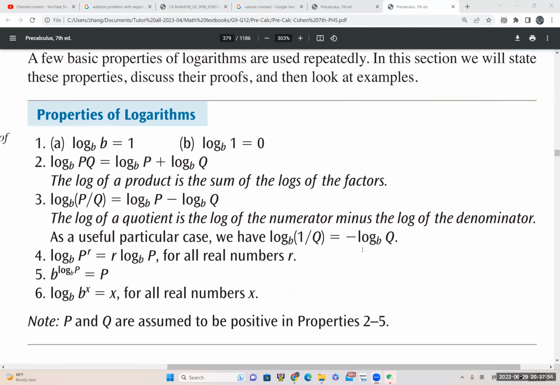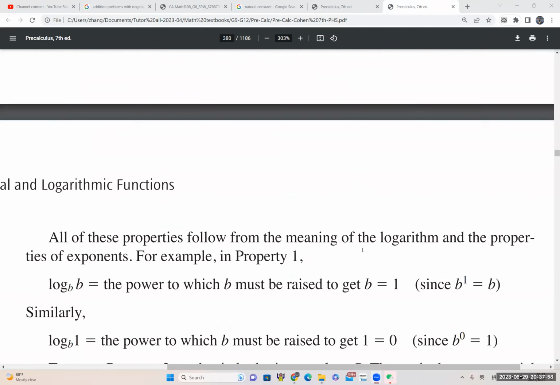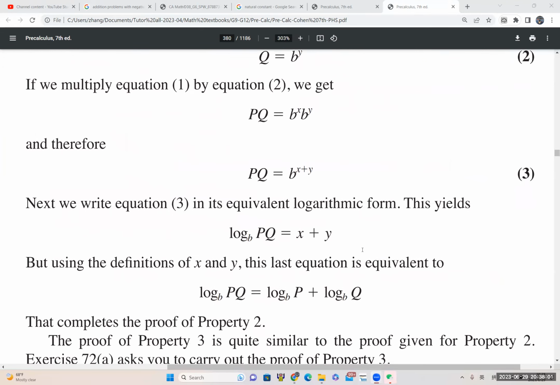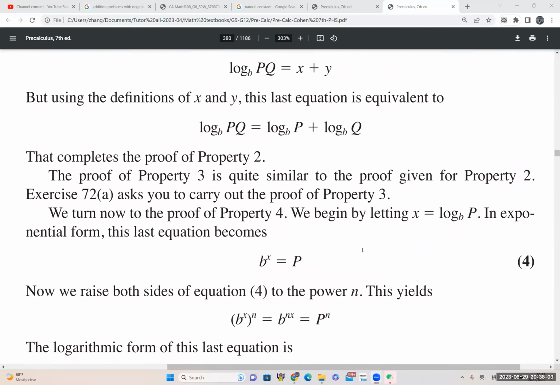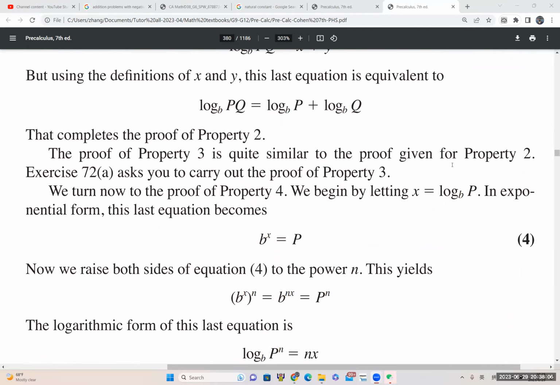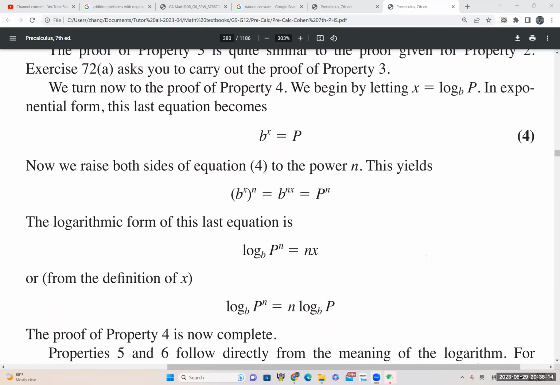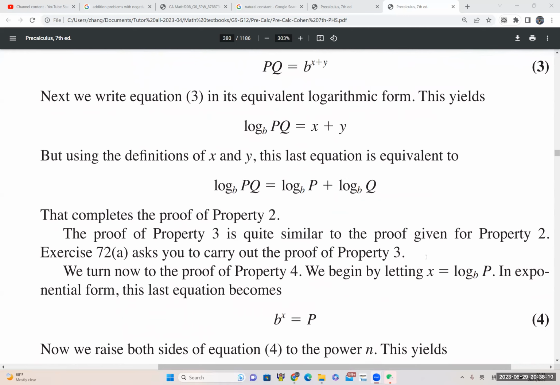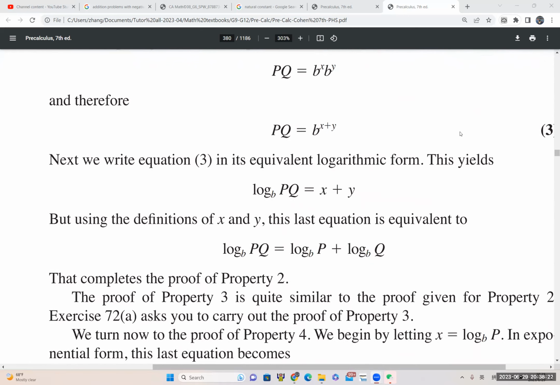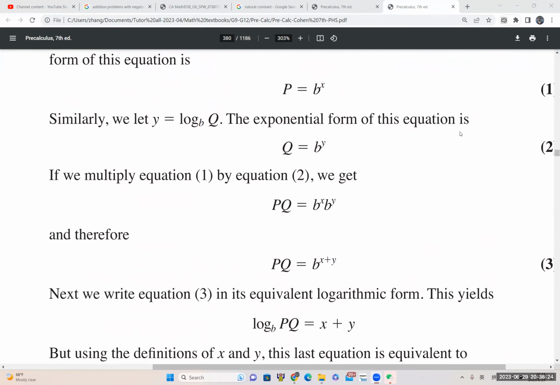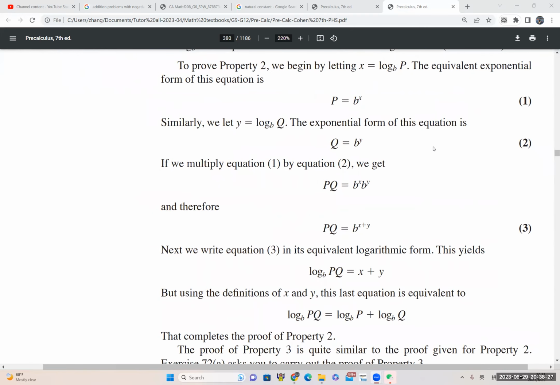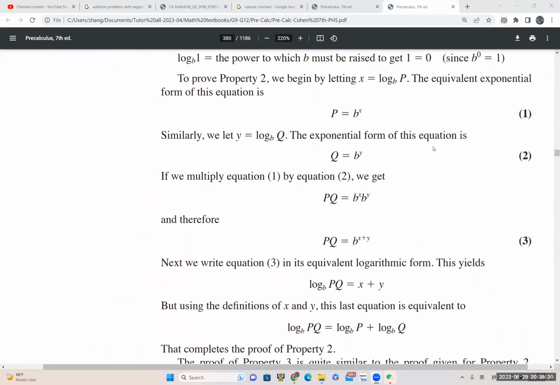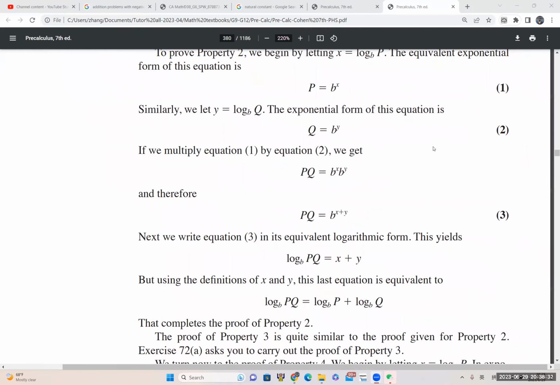Part 3 asks you to carry out this. Let's repeat this.